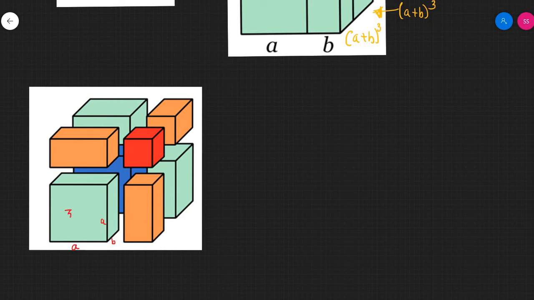So these blocks are a squared b. That is the volume of this. And same with this as well. So this also would be a squared b, and this also would be a squared b. I leave it to your imagination to convince yourself that all these three would be a squared b.